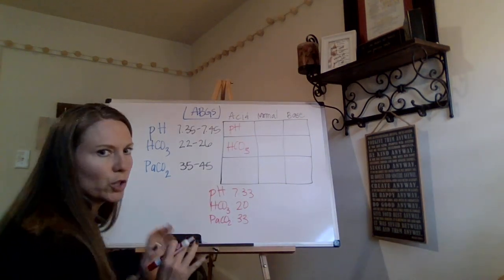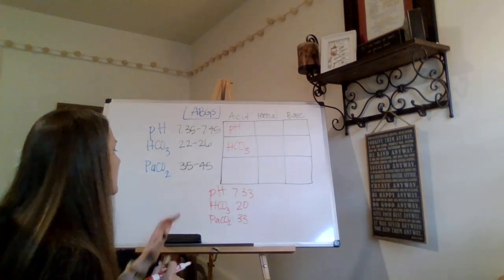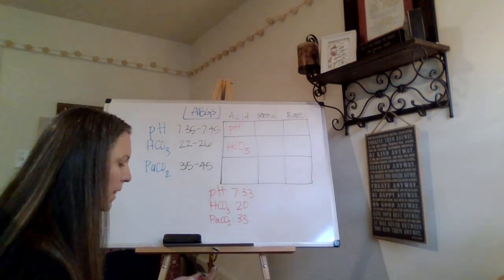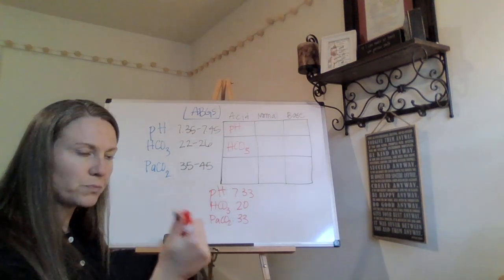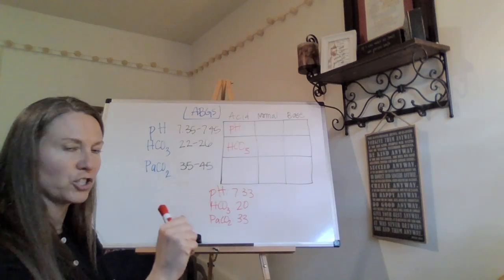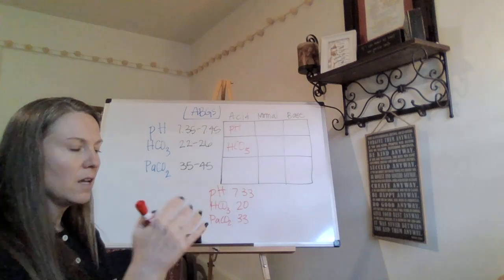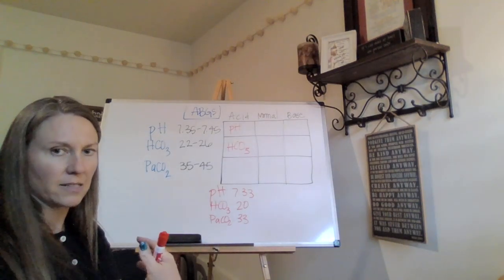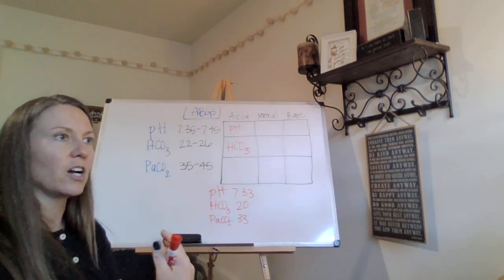And PaCO2 is where you run into a little bit of a tricky part, okay? So let's talk about PaCO2 for a second. The measure of PaCO2 is your partial pressure of carbon dioxide. Carbon dioxide being stuck in your body is an acid.